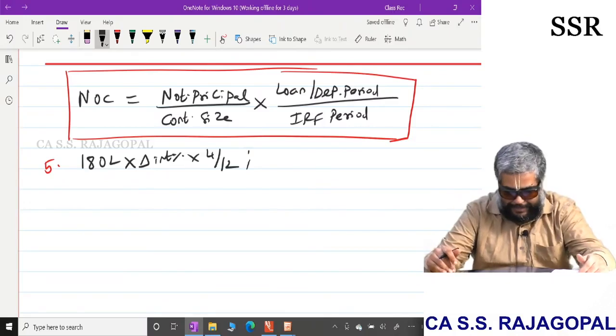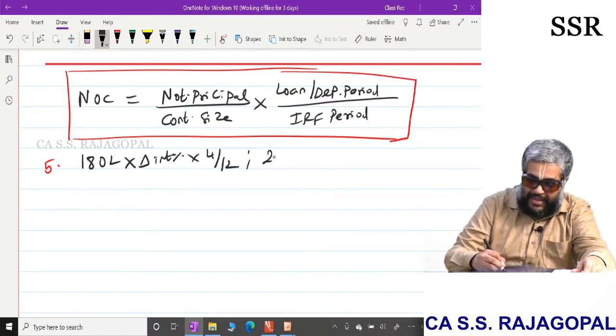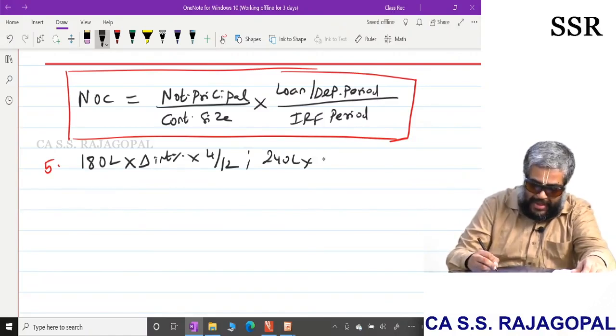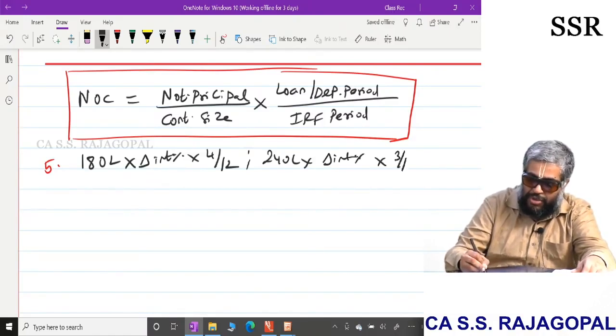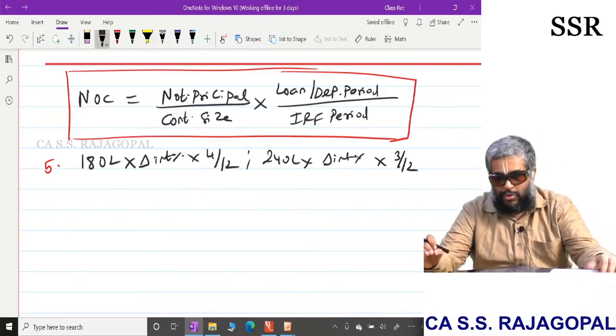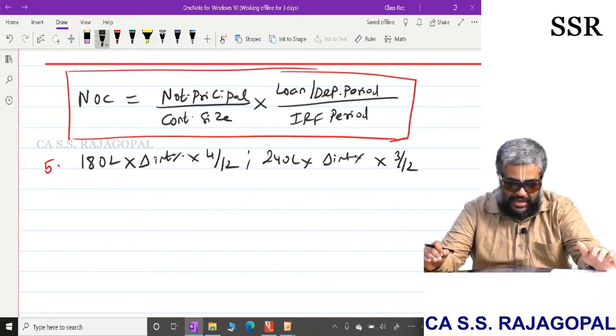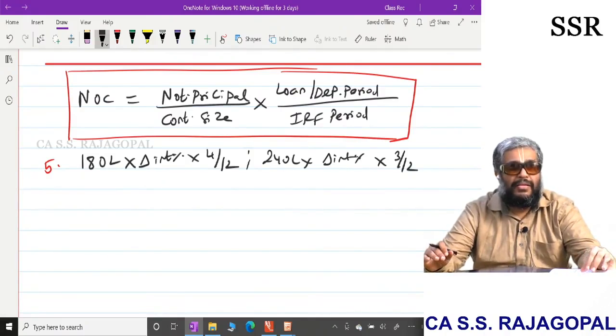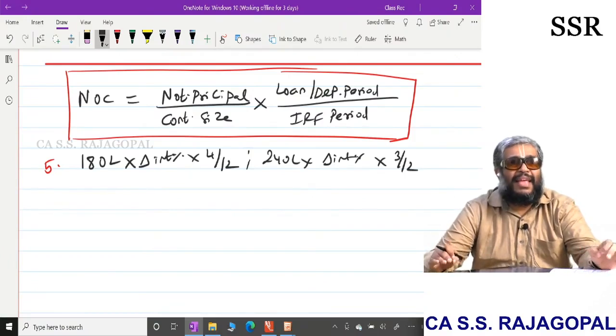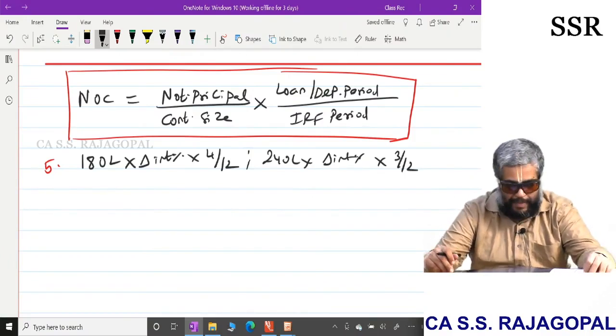That is 240 lakhs into change in interest percentage into 3 by 12 can hedge the cash market properly.